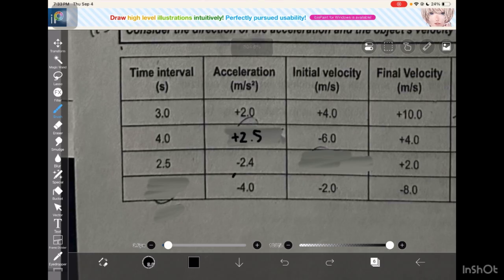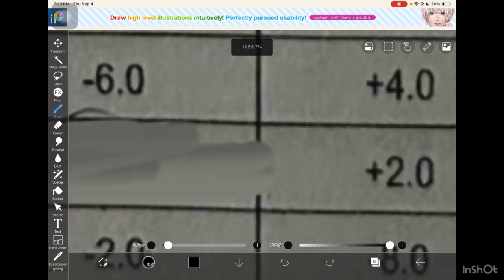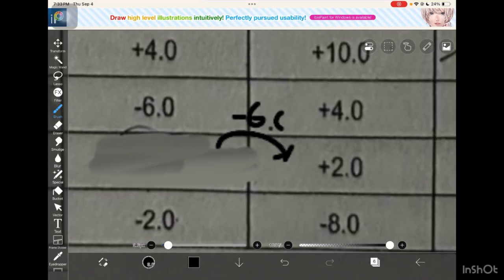We put negative 2.4 times 2.5, which is equal to negative 6. So the difference is negative 6. We just do the inverse operation: 2 plus 6.0 to get 8.0, positive.